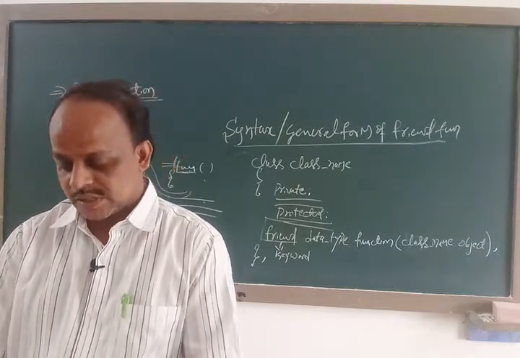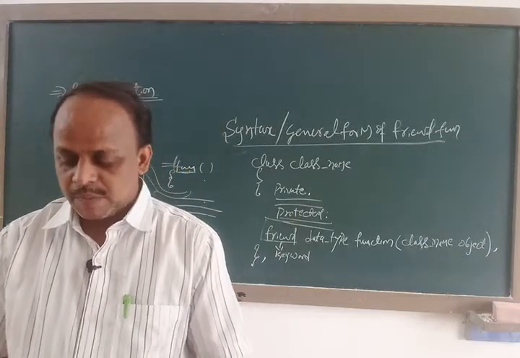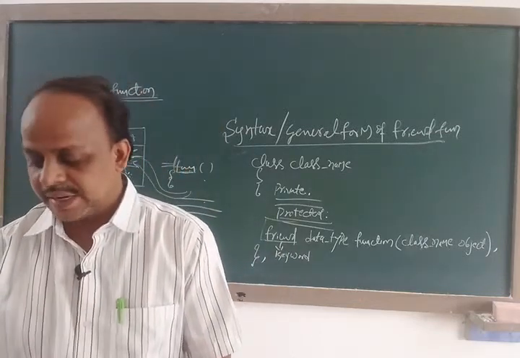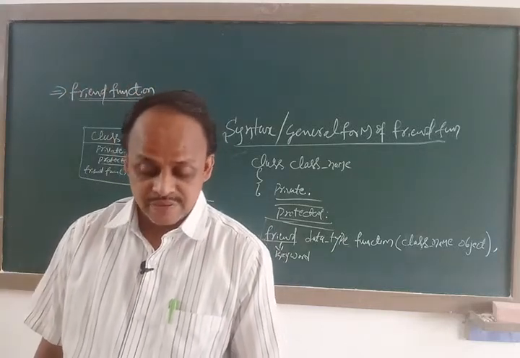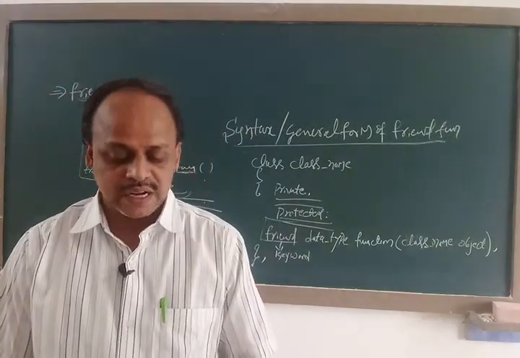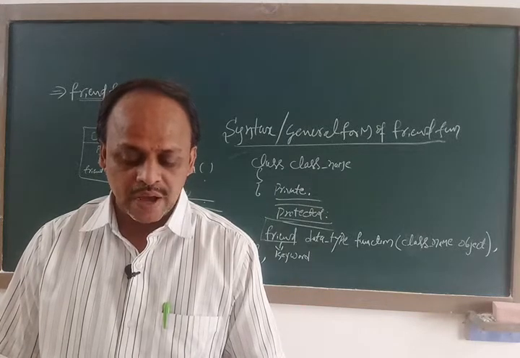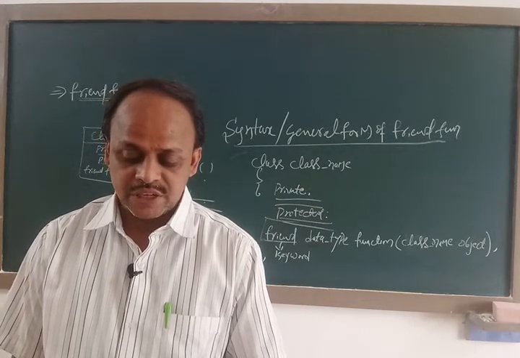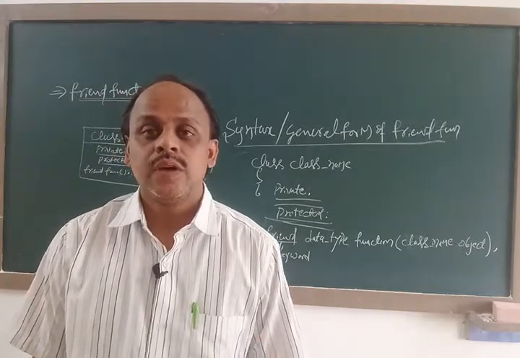What are the properties of a friend function? A friend function is not a member function of the class, but it is a friend to the class. Therefore, the scope resolution operator is not required while defining the friend function outside the class body. What he says?